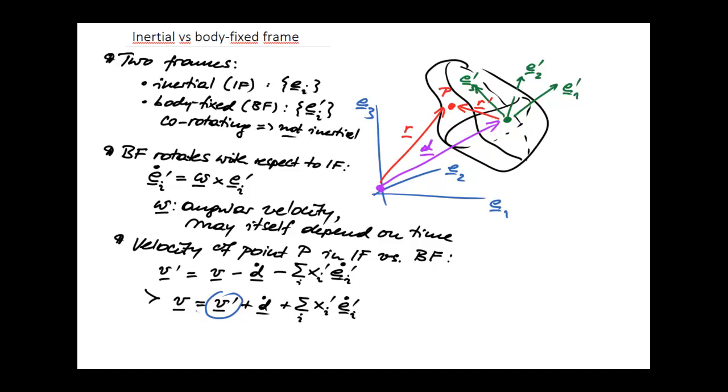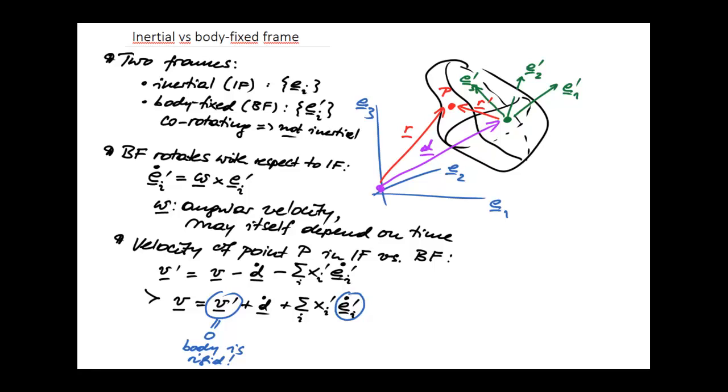It's the velocity of the point P seen in the body fixed frame, so the frame that is glued to the rigid body. But in the body fixed frame, the point P doesn't move at all because the body is rigid. All the points stay at their position. So this is equal to 0 because the body is rigid.